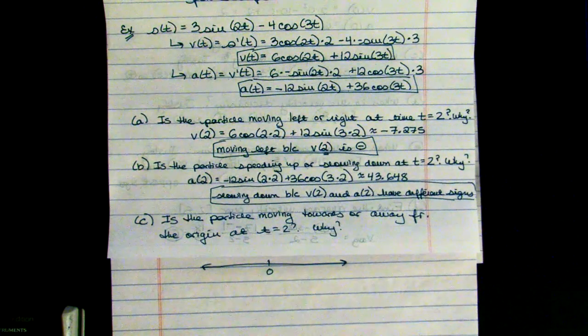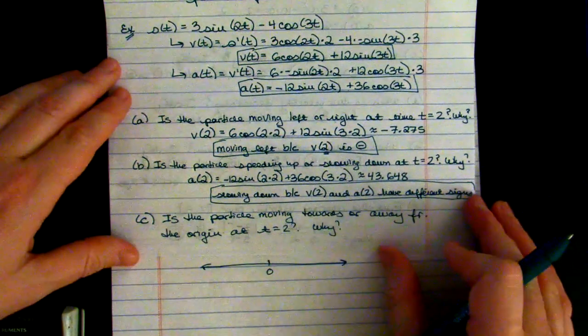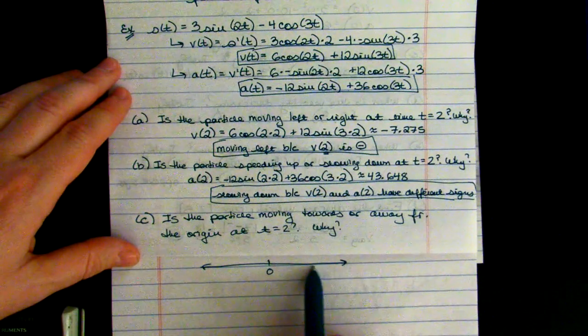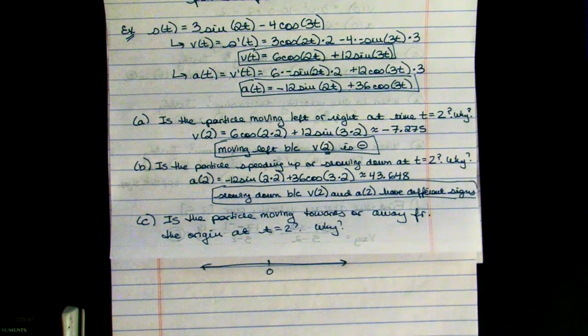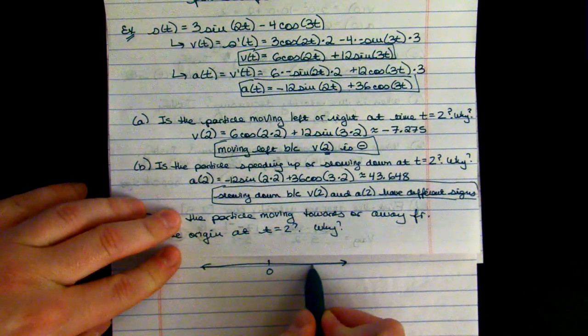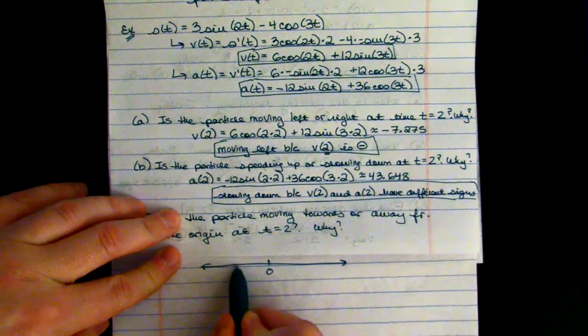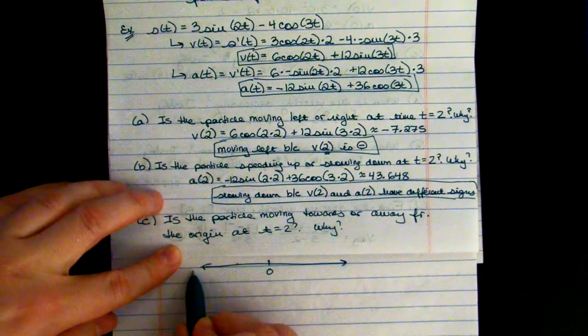Actually, let me ask a different question. I don't think we can tell just from the fact that I'm moving left if I'm moving towards the origin or away from the origin. What other piece of information are you going to need? I think I need to know the position of the particle at time 2. If I'm somewhere over here and moving left, then I'm moving towards the origin. But if I'm somewhere over here and moving left, then I'm moving away from the origin.